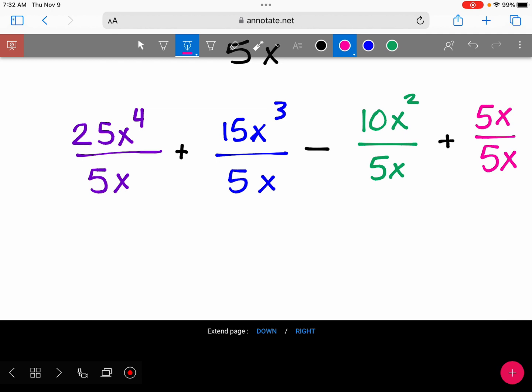And then we're going to simplify each of these fractions individually. And it takes it from one giant problem into 4 little baby problems.